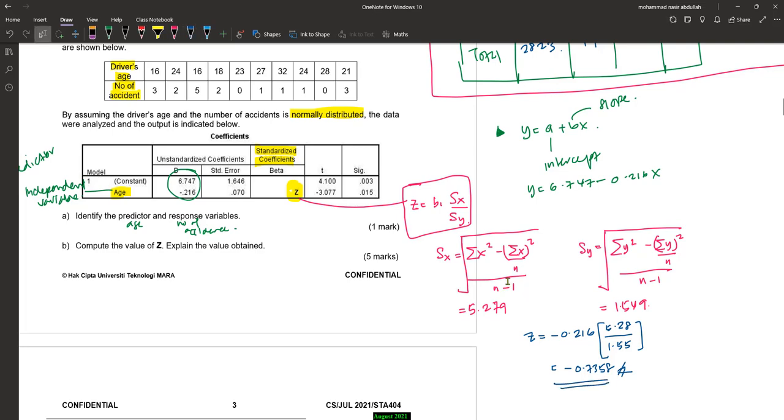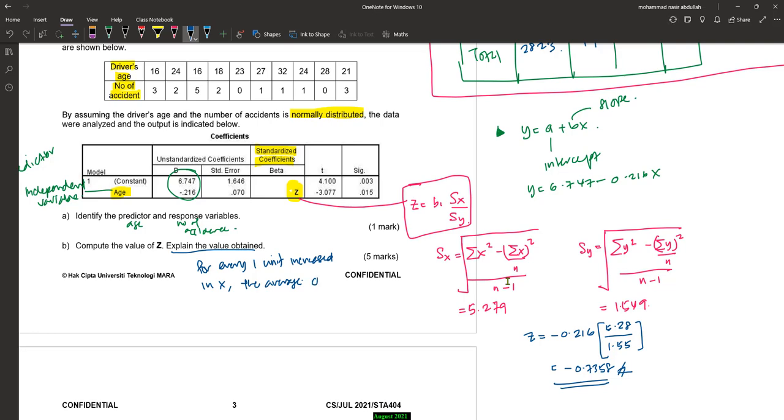So what we need to do is we need to explain the value obtained. So how to explain benda yang sama lah. Cara kita explain in beta 1 dekat sini, sama juga kita explain dekat sini. So dia kata kat sini for every 1 unit increase in X, right? The average, so in X is this one lah, the age lah.